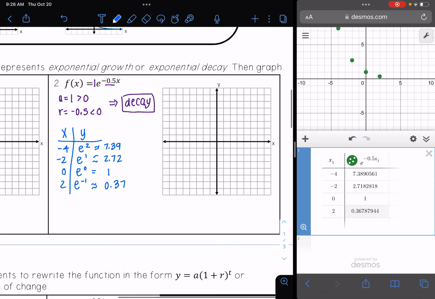So graphing these, at -4, I go up to 7.39. At -2, I'm at 2.72. At 0, I'm at 1. And then at 2, I'm at 0.37. So I start up high, and then I follow along the x-axis.